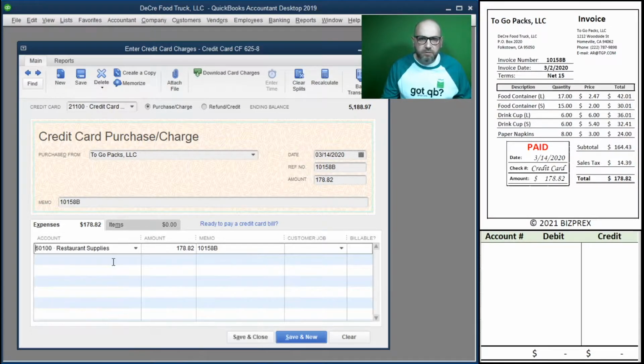In this case, restaurant supplies. The transactions will be very similar. Our liability goes up because we paid it with a credit card. We paid this charge with our credit card. Therefore, we borrowed to pay it, and therefore our liability went up. And our expenses went up because we incurred some expenses. Again, debits and credits are in balance. Here we are.